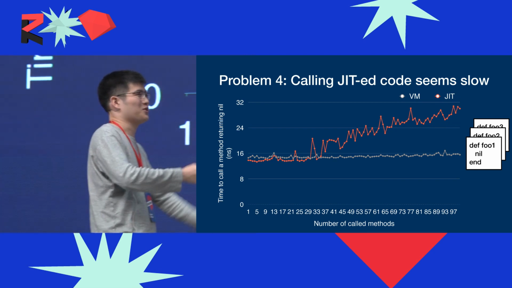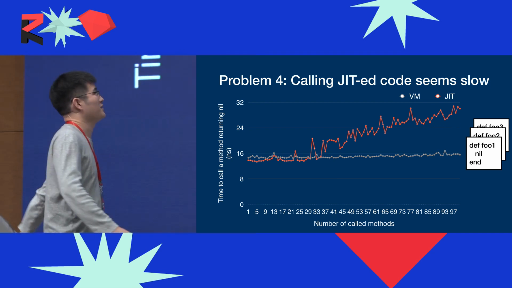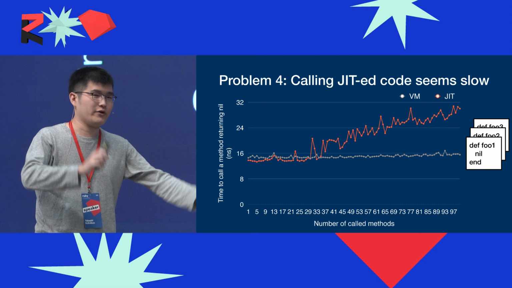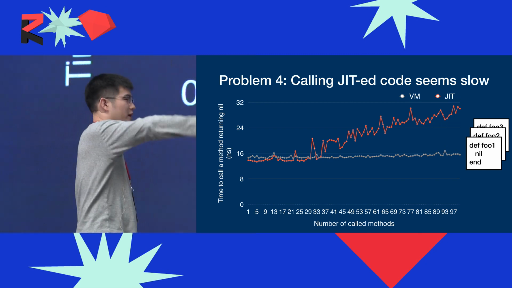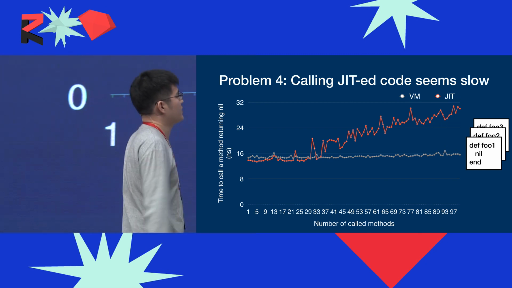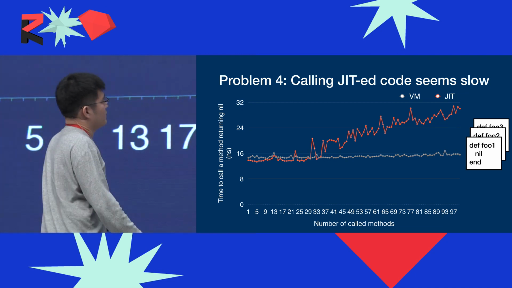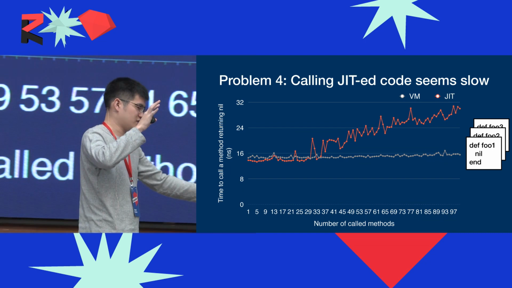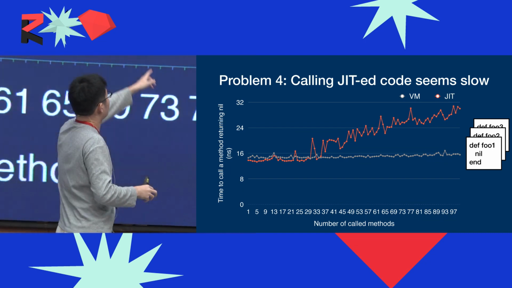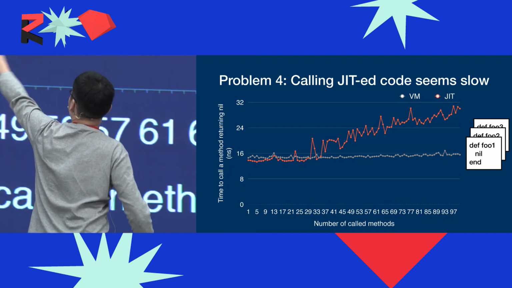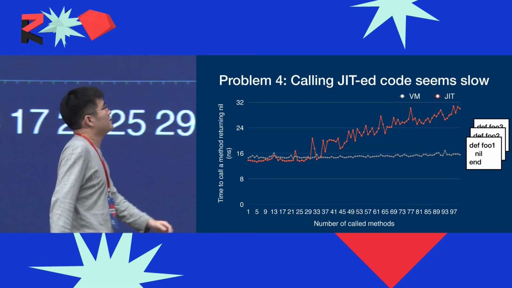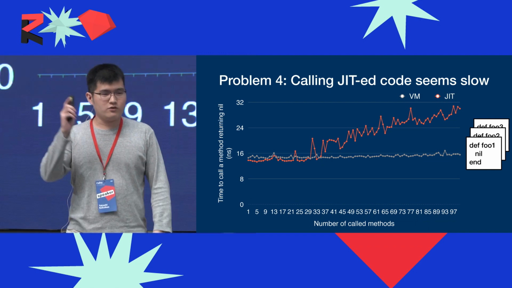There's no room to optimize this kind of method, but by just having a lot of methods in memory, the method call overhead becomes significantly slower. When there are 100 JIT methods in memory, the method call overhead becomes very large, almost double maybe. But actually, this is solved in Ruby 2.6.